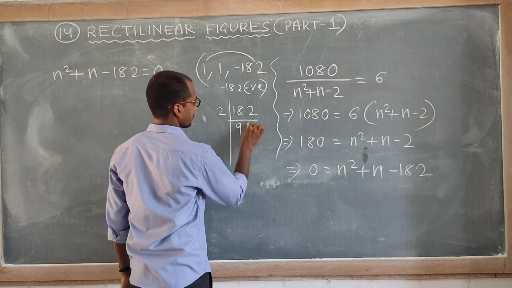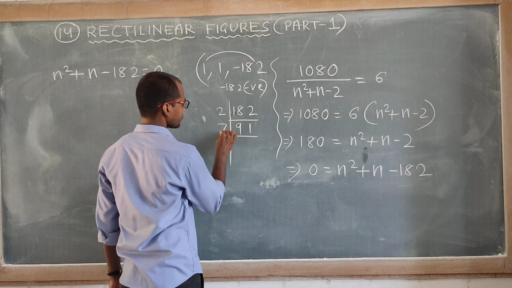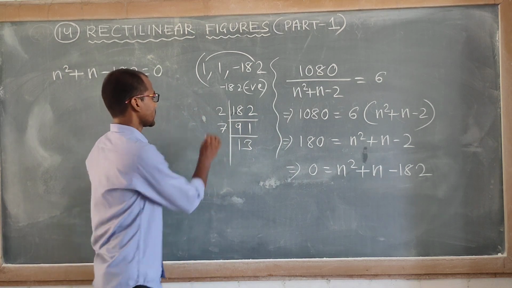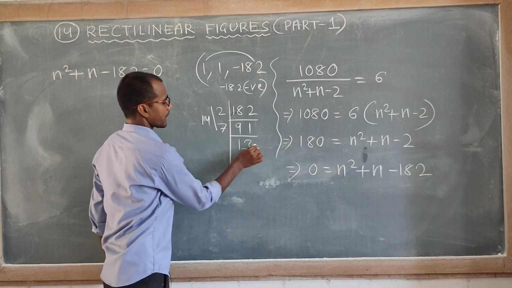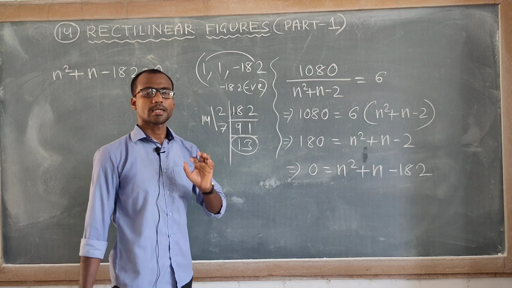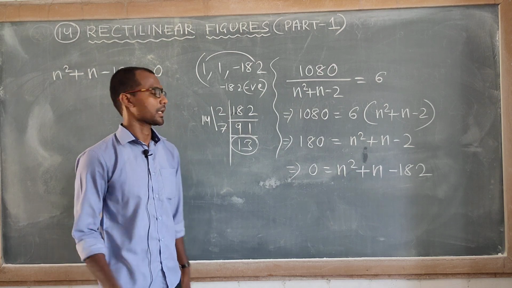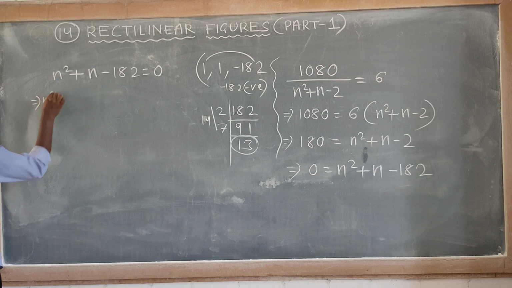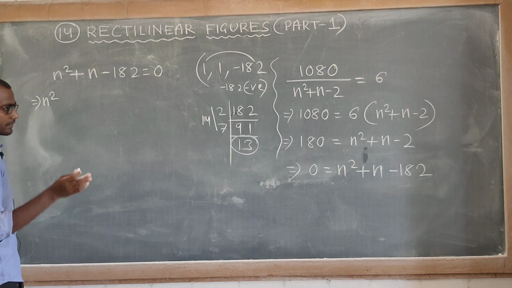2 7s are 14 and 13. So 13 into 14 is 182, and the difference between 14 and 13 is 1. So you can take these two numbers, 14 and 13. In n squared plus n, n means 14 minus 13.